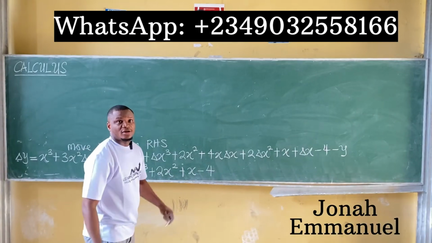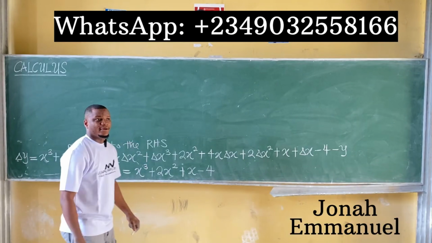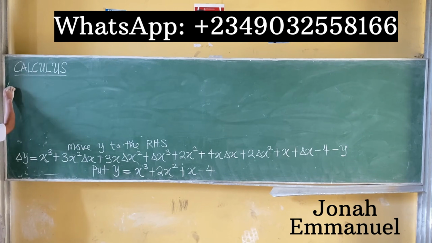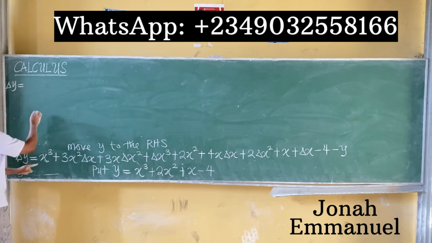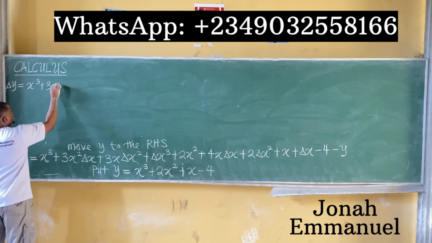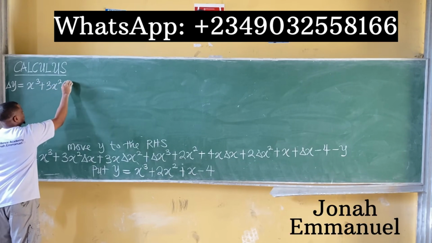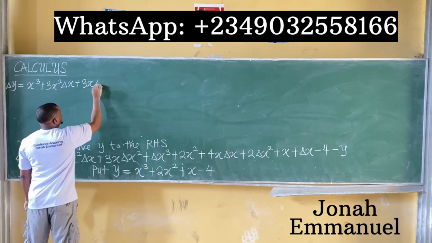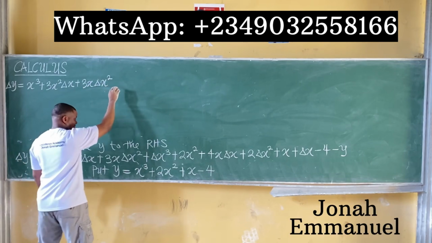Please help me input the value of y. What do I have here? Change in y is equal to what there? x cubed plus 3x squared change in x plus 3x change in x squared.